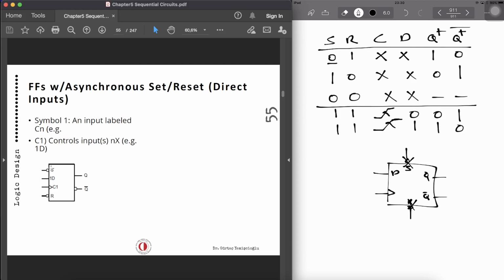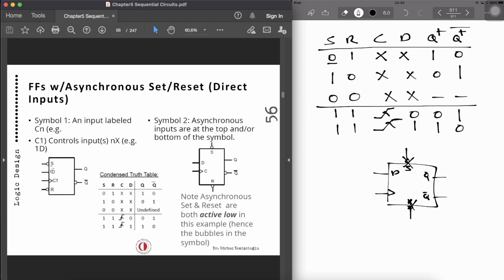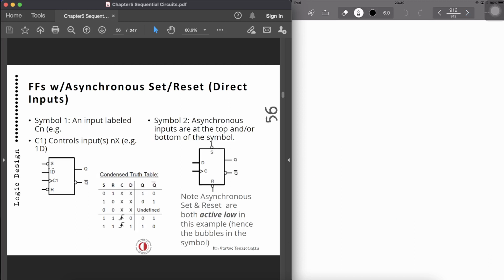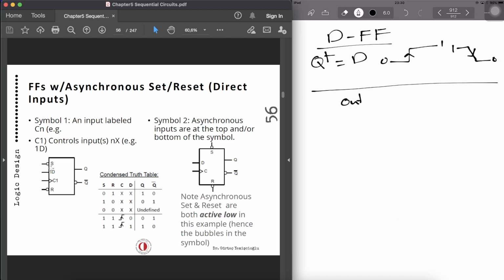Now, we have seen the first flip-flop, which is a D-type flip-flop. If we summarize it, this is the basic and the most simplest flip-flop that you are going to see. Why is it simple? Q next is just D. So on the rising edge of the clock or on the falling edge of the clock, output follows input. This is what we call it.